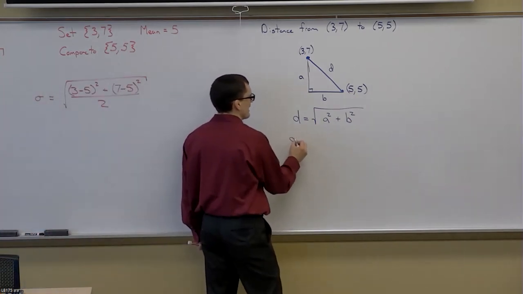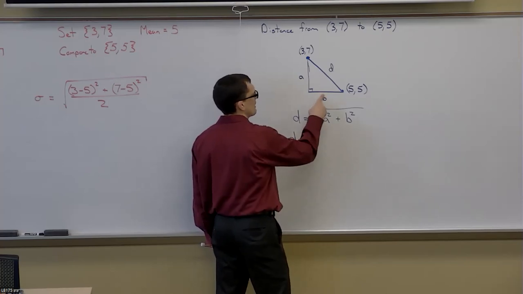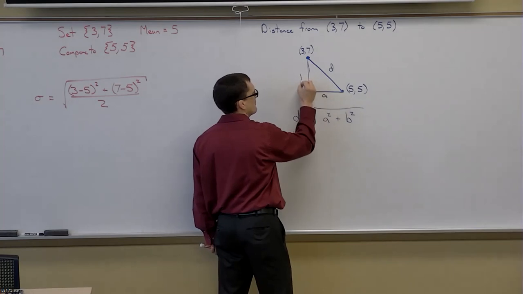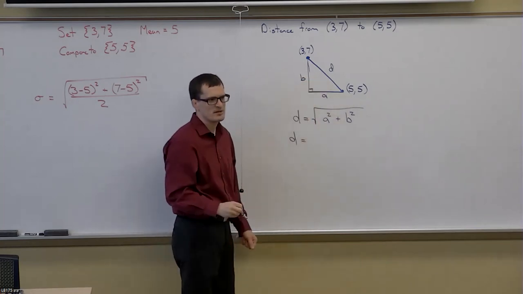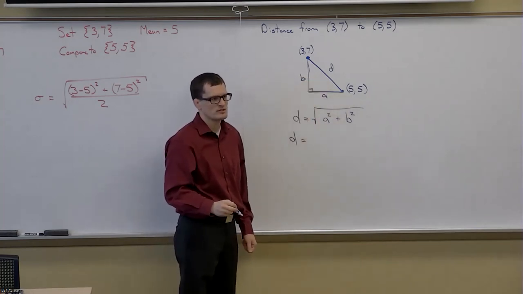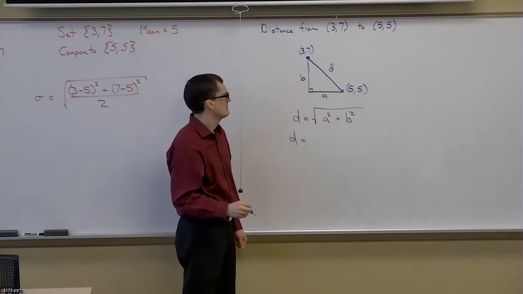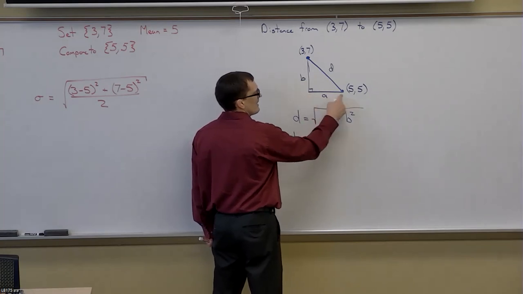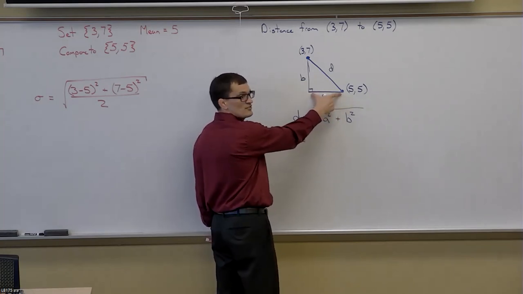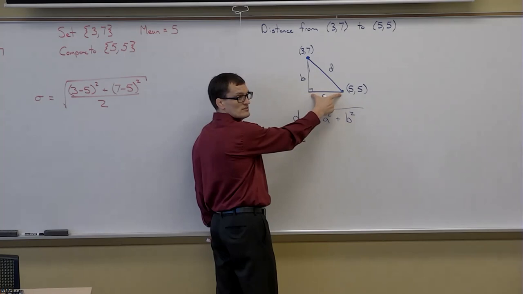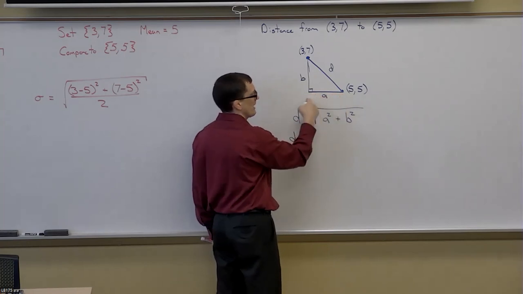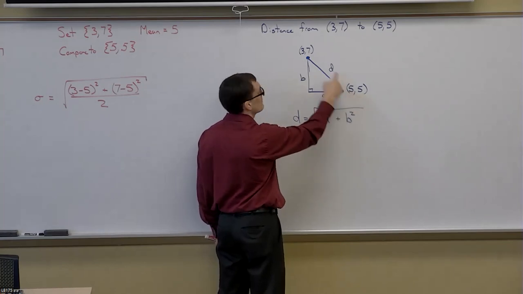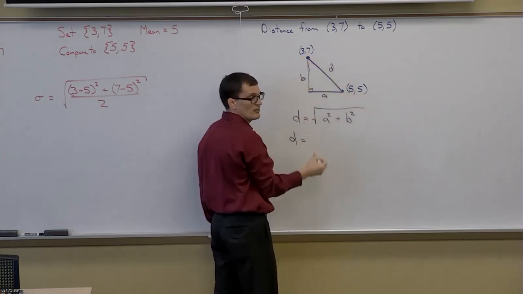Now, what is A and what is B? Which one I call A, which one I call B, no problem. Well, A is the change in the X values. So A goes from the X value of 3 down to the X value of 5.